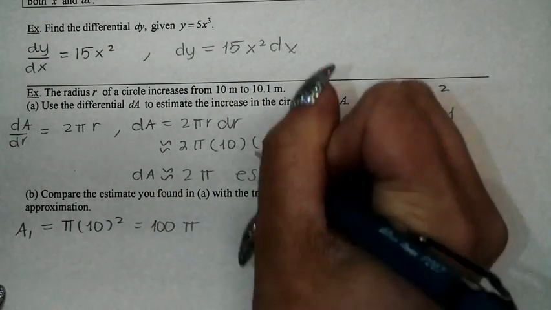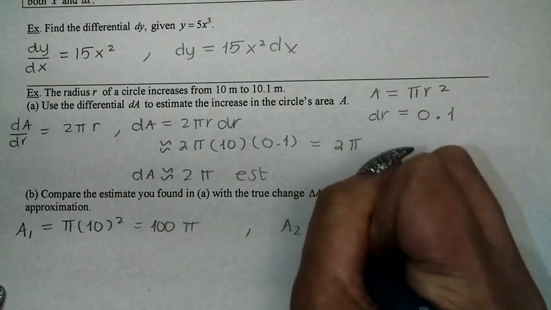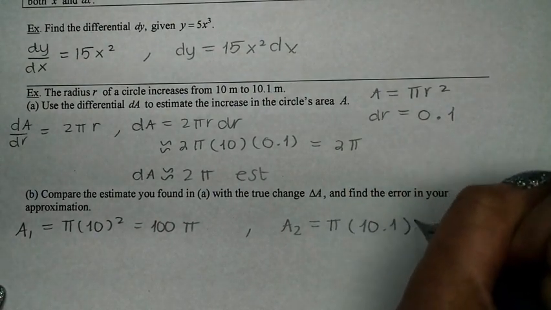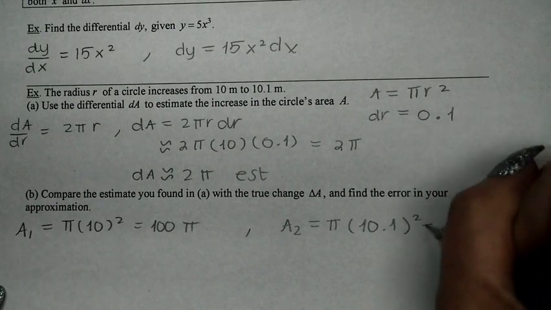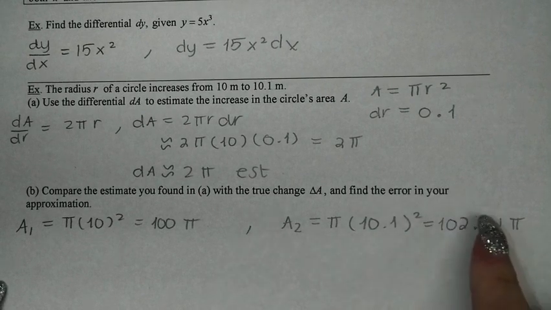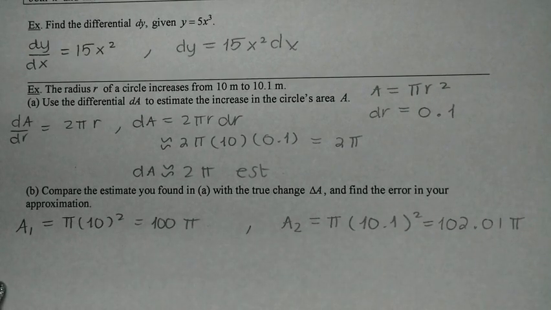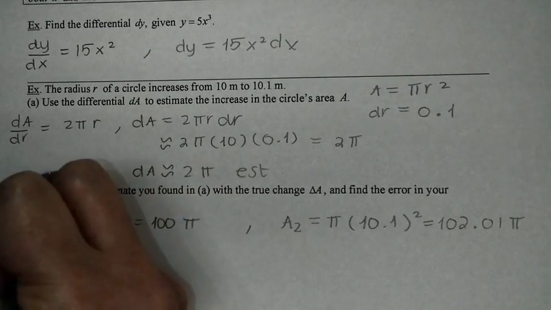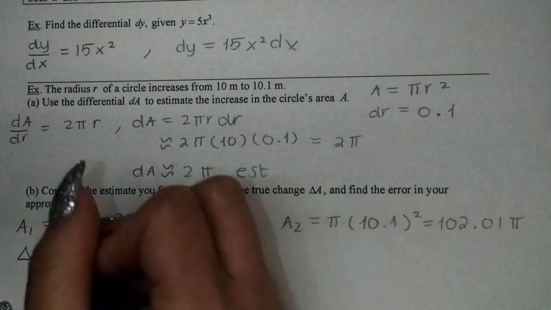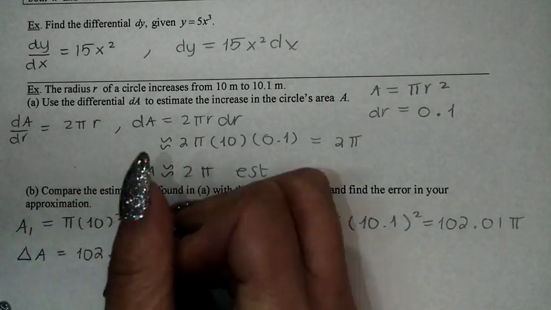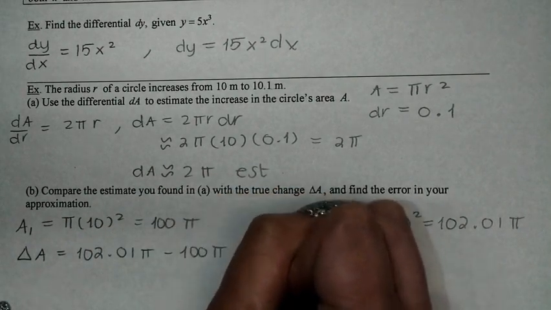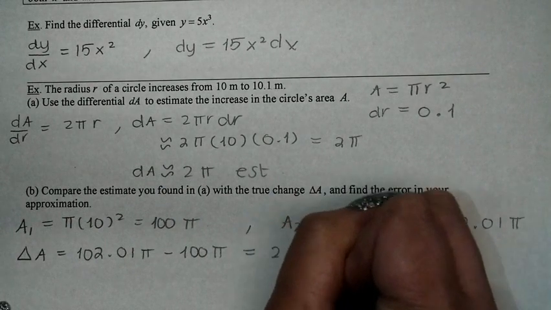Your second area with the 10.1, I'm going to call it area 2, is going to be pi times 10.1 squared, and that value is going to be 102.01 pi. This is my actual beginning and the end. So I do know that my delta A, the true change, is going to be this minus this, right? So it's 102.01 pi minus 100 pi. Therefore, my delta A is going to be 2.01 pi.